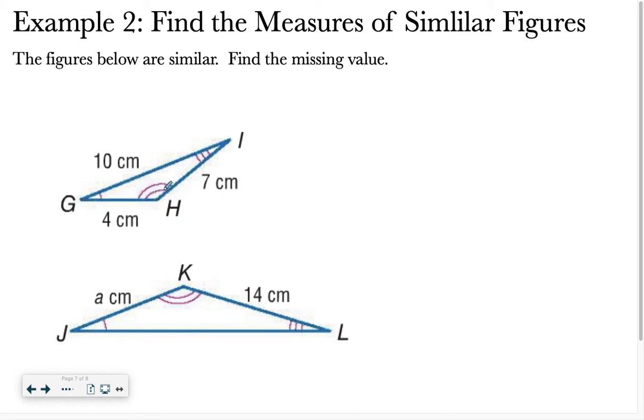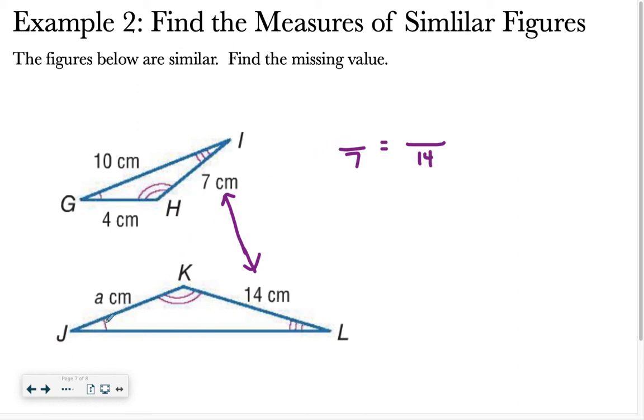Look, this angle has 2 markings. This angle has 2 markings. This one has 3. This one has 3. So that means these 2 sides correspond to each other. Okay, so remember, I'm going to put my corresponding parts horizontal next to each other.